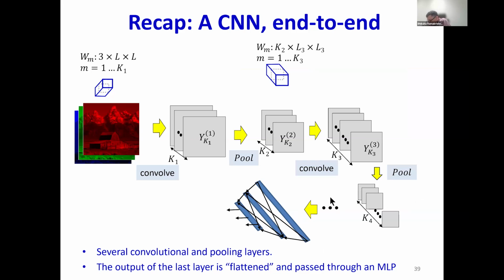The output of the final layer is going to be flattened. And that flattened output is going to be put through an MLP to get your final classification output or regression output if that's what you're performing. So this is how we set up a typical CNN.